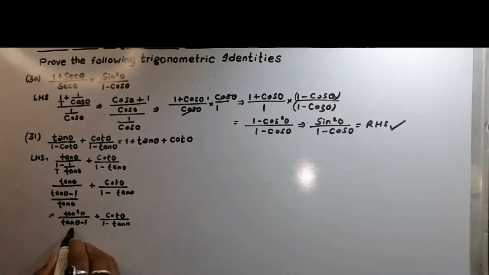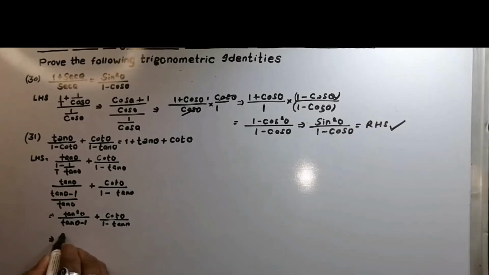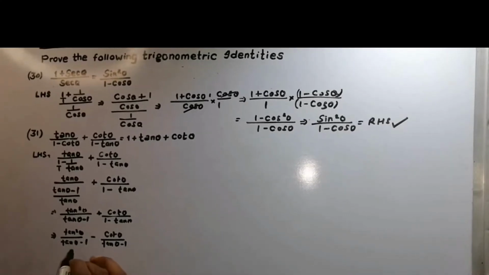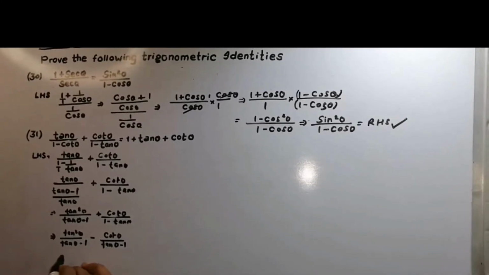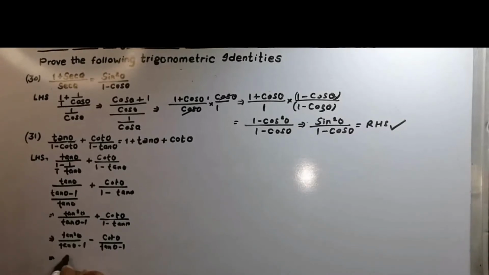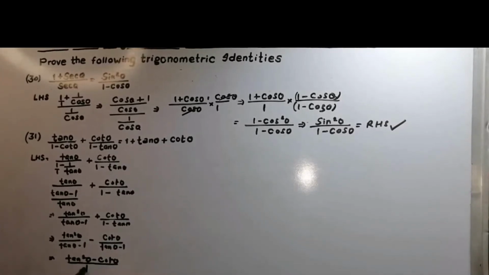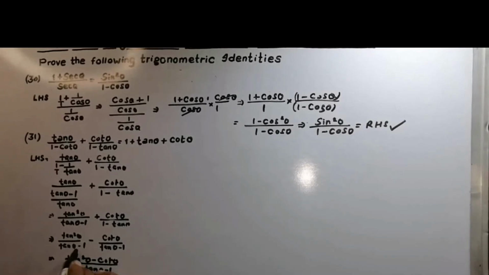We can change the denominator to be the same, so we should change its sign, so it becomes the same tan theta minus 1. So now we can write tan square theta minus cot theta upon tan theta minus 1 because their denominator is the same.